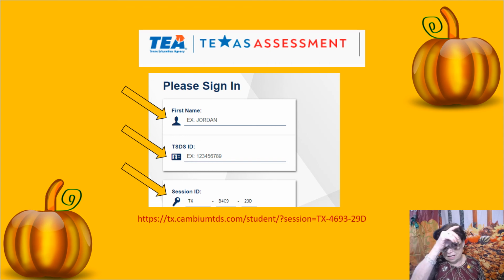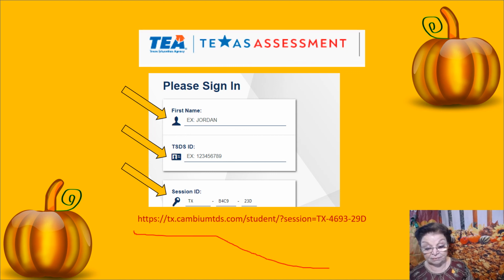All right, it's time for the TEA Texas Assessment, TBAR. I'm going to put this link in the email I'm going to send you. You have to take the test. There are, count them, 2 questions, and they are both about arrays. Wait a minute. One of them is about multiplying by 10, and one of them is about arrays.